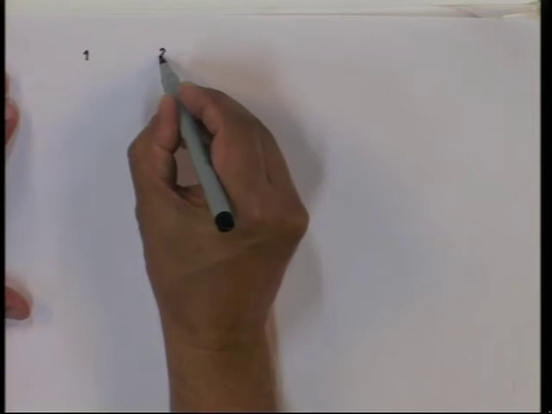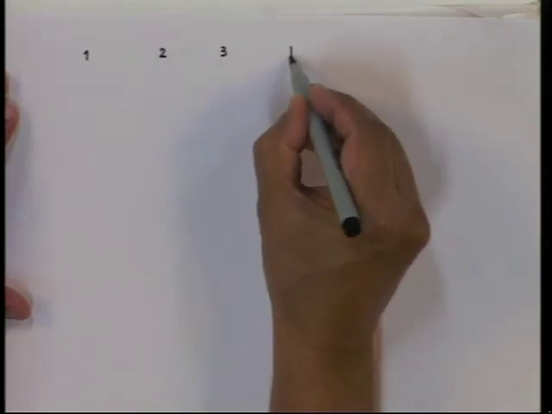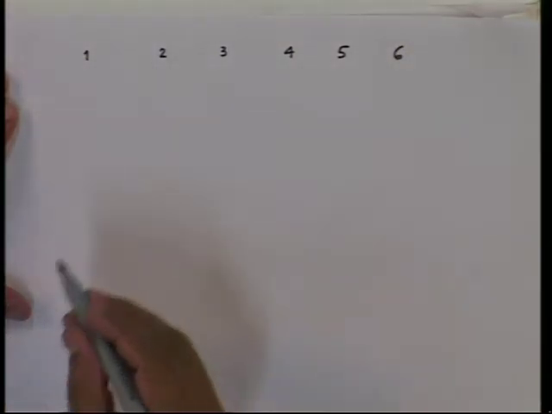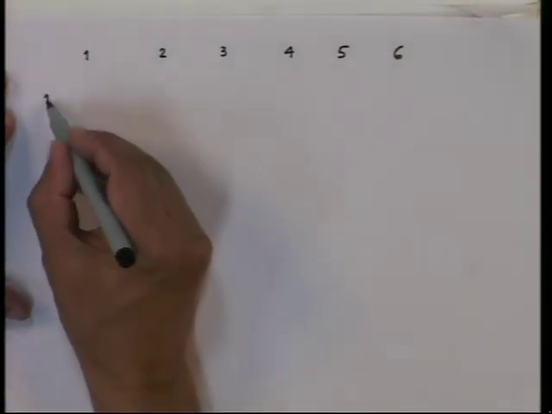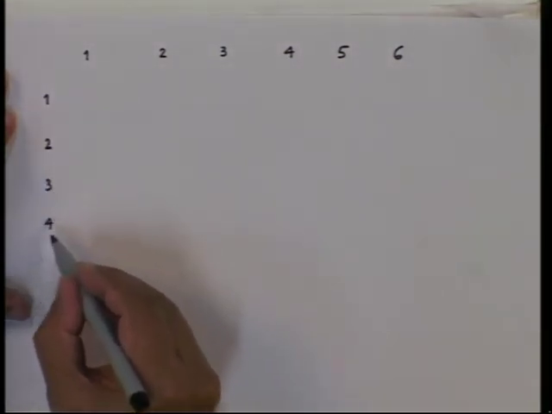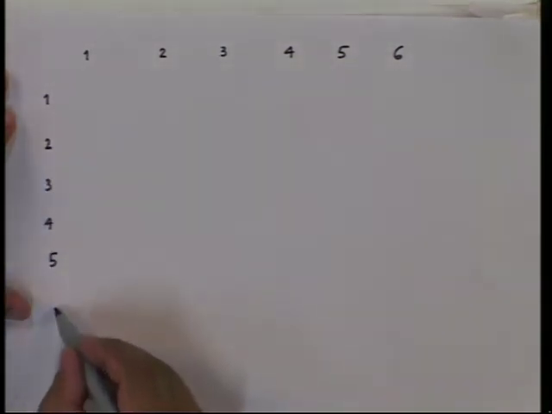All these element properties will be written in the form of 6 by 6, not 3 by 3. So, I will just take 1, 2, 3, 4, 5, 6.